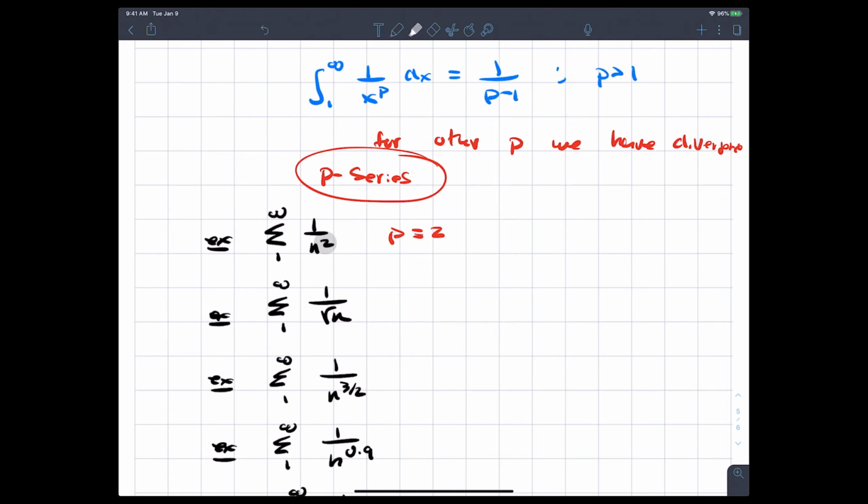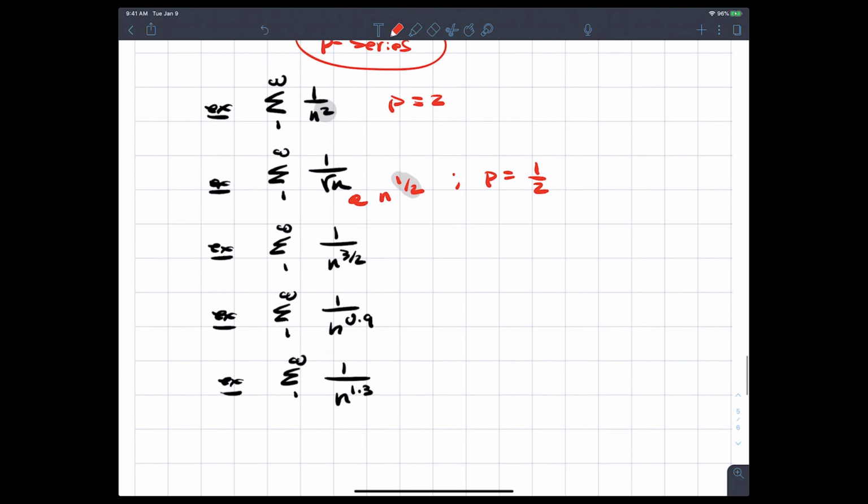In this case, you say, I don't see a power. Well, that's actually n to the 1/2. So p here in this case is 1/2. Here they described p. P here is 3/2. Oh, P is 0.9.